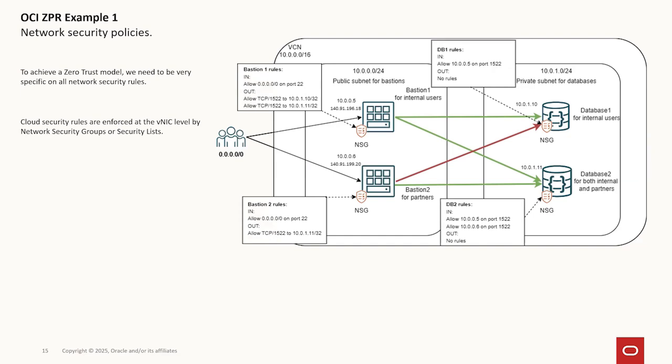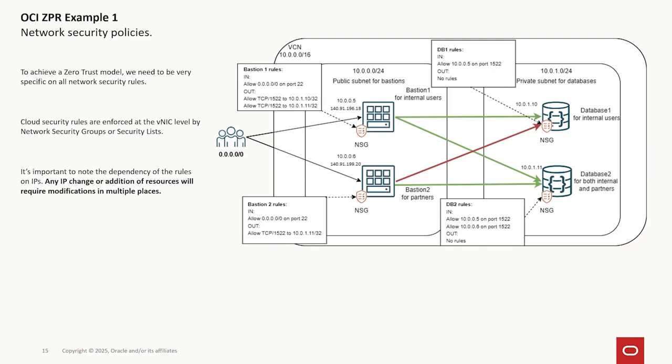And again, if we want zero trust, this would have to be very, very specific. No subnet to subnet, or no fully open ports. We want this particular flow to be enabled and nothing else. So you see here the set of rules, not really that many, but each resource has its own set of rules different from the other.